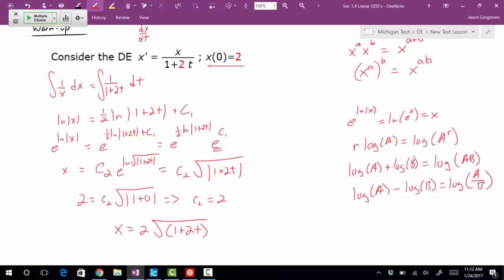So if I end up with some function, t can't be equal to -1/2. That could look like it's well-defined everywhere, flowing from values that are smaller than -1/2 to values that are bigger than -1/2. There's a problem. I can't flow right through that gap because my solution is undefined. My differential equation is undefined. Okay? So that's a problem.